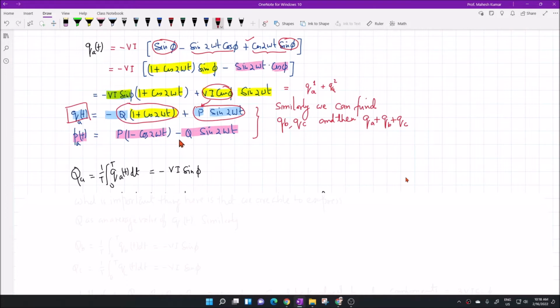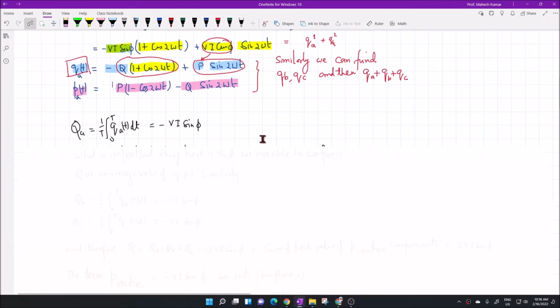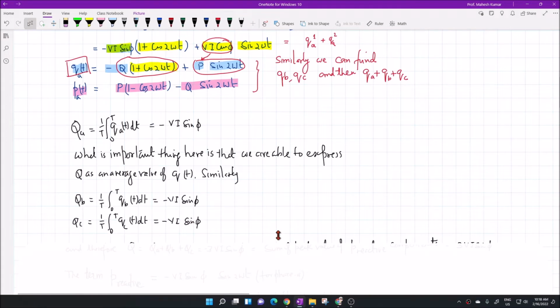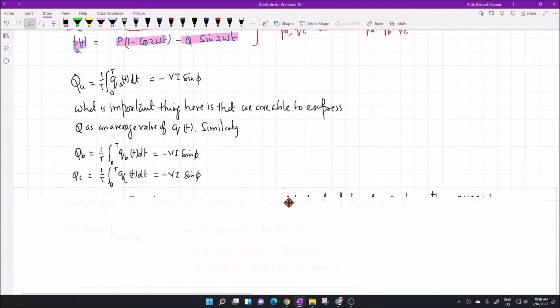So the point is that similar to averaging of P, we can also take the average of Q to get its average value. This is quite interesting, and the same can be applied for the other two phases, that is phase B and phase C. If I take QB and integrate over a cycle, we find that this is equal to minus BI sin phi, and QC is also minus BI sin phi.